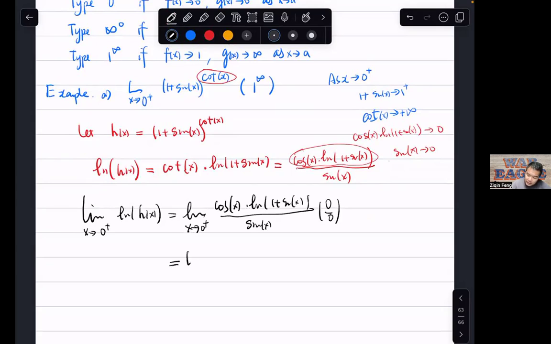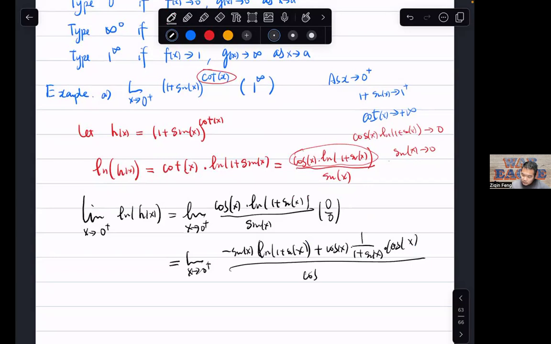So, applying L'Hopital's rule, as x goes to 0 on the right side, you get negative sine of x times natural log of 1 plus sine of x, plus cosine of x times 1 over 1 plus sine of x times cosine of x, over cosine of x.